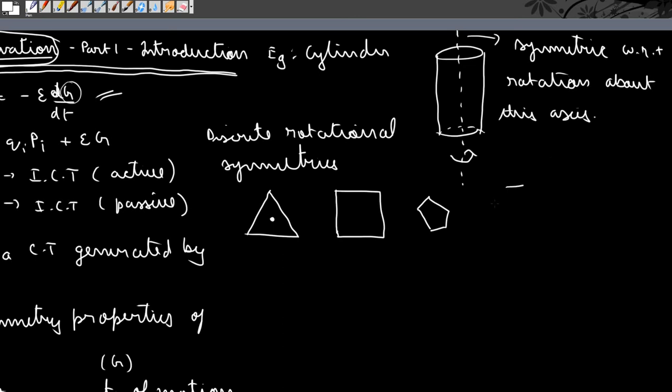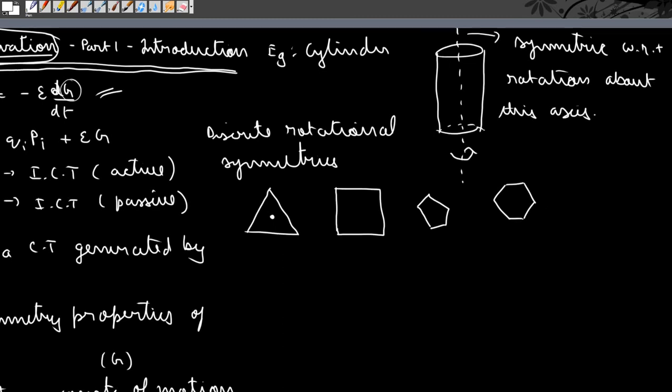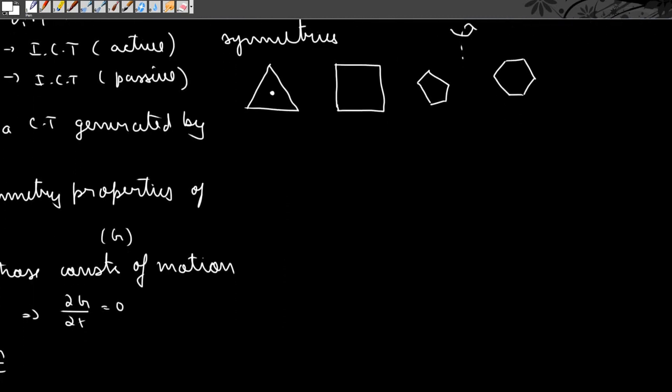And similarly for a hexagon, every 60 degree rotation is going to give us the same shape. So these are examples of discrete rotational symmetry. And in 2 dimensions, continuous rotational symmetry will be that of a circle. Okay, so these examples must have given you enough intuition on what we mean by continuous symmetry and discrete symmetry, and when we say a system is symmetric under a particular operation.